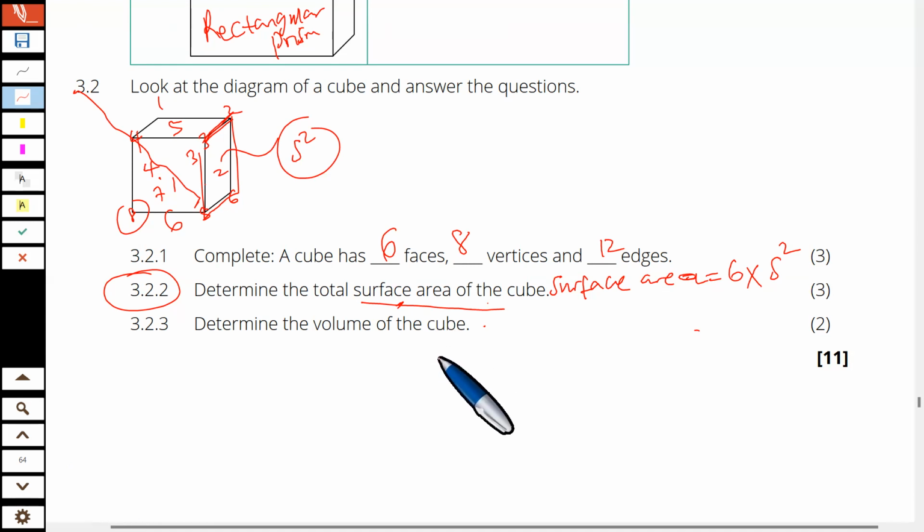What do you think the volume is? Volume. How much space?